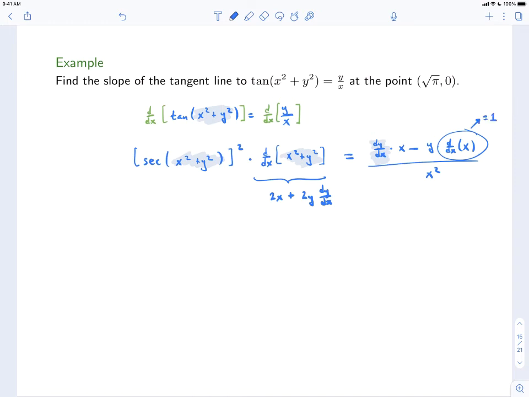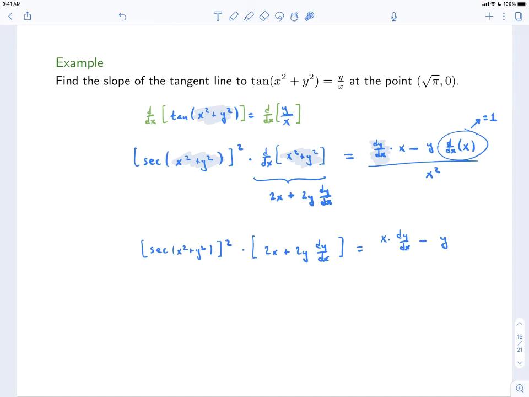So if we put all this together, we'll have the secant of (x squared plus y squared), quantity squared, times 2x plus 2y dy/dx, is equal to, so let's write this as x times dy/dx minus y.